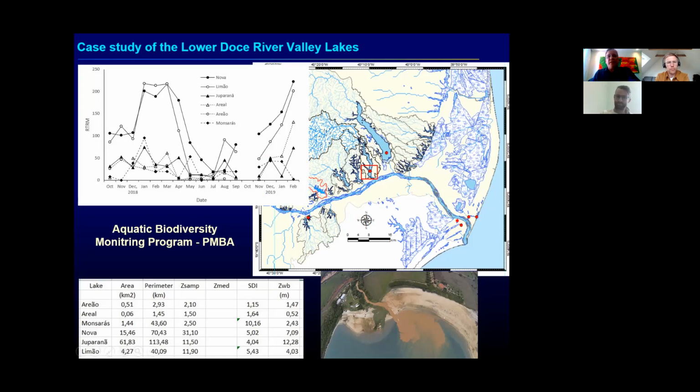Here we can see that the alluvial lakes, such as Nova and Limão, are more prone to stratification, actually a very strong thermal stratification during the summer, while the big Lake Paraná, which is not that deep, about 16 meters maximum depth, doesn't respond that much in terms of thermal responses, just because it is a very wide lake, almost 4 kilometers of breadth and 19 kilometers along the main axis.